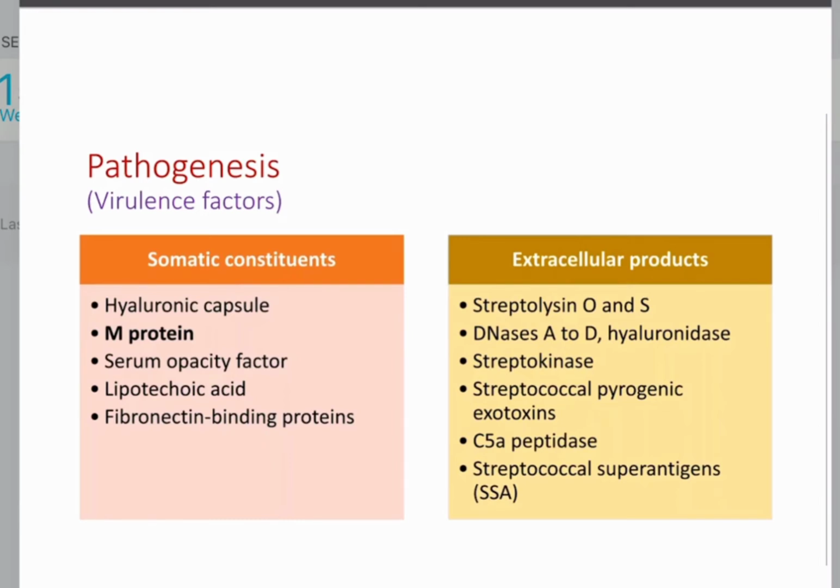So coming to the somatic constituents, the hyaluronic acid capsule has a specific receptor on the cell, which is nothing but the CD44 carrying cells, which are permissive to it. So they can bind to it, and then this will lead to the breakage of the intracellular junction.